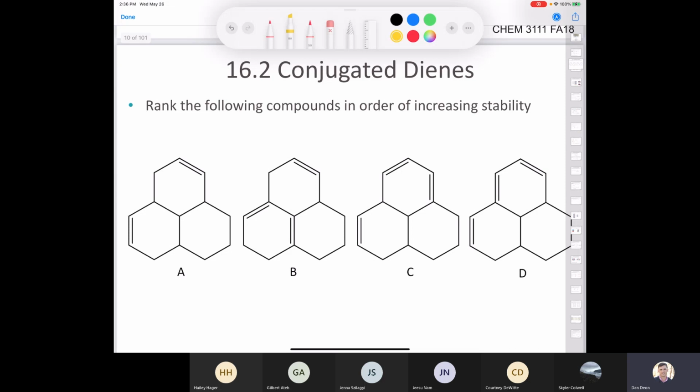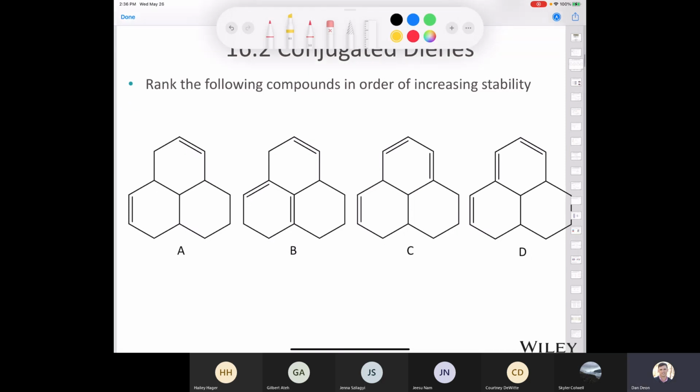So if we had all of these compounds here, you can see there's a bunch of double bonds in all of them. It says to rank them in terms of their increasing stability. So let's start with least stable, and then we'll go all the way up to most stable. Now I have a note here written for myself that students usually find it easiest to identify the most stable compound first.